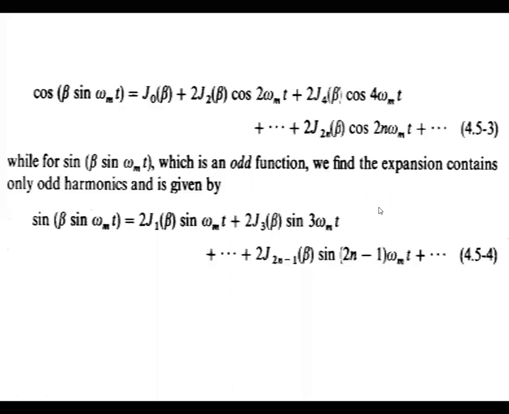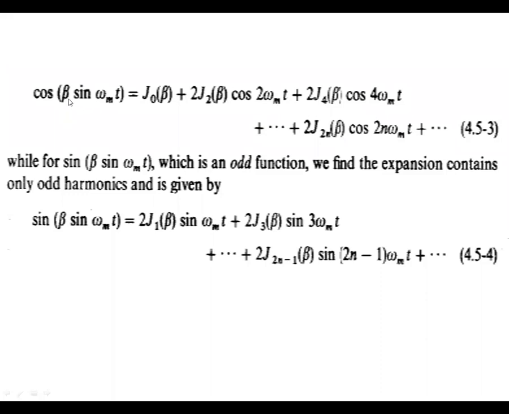So these two terms: one is cos(β sin ω_m t), which is given by the Bessel function. The Bessel function gives cos(β sin ω_m t) can be written as J_0(β) plus 2J_2(β) cos 2ω_m t plus 2J_4(β) cos 4ω_m t and so on, plus 2J_2n(β) cos 2nω_m t.